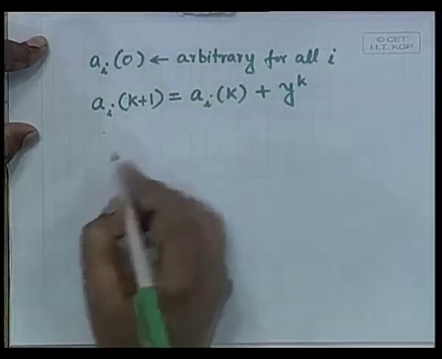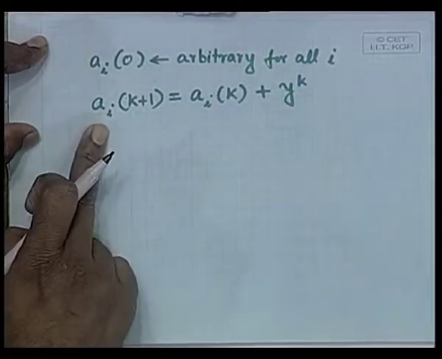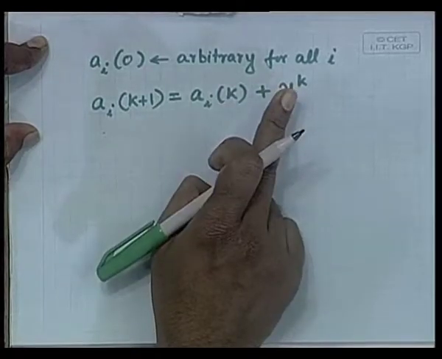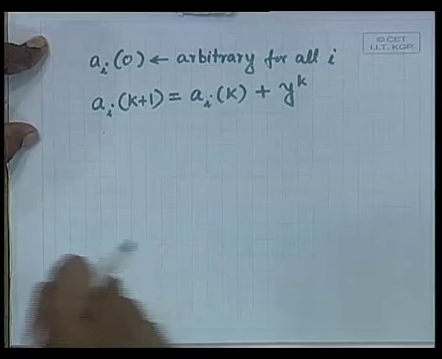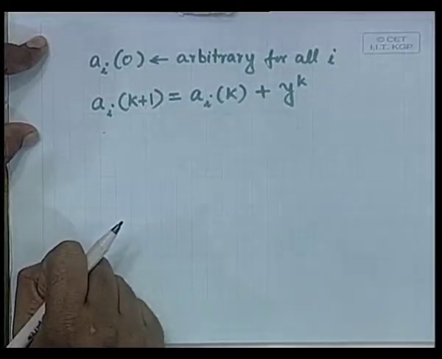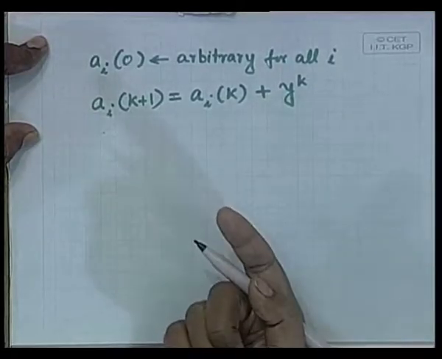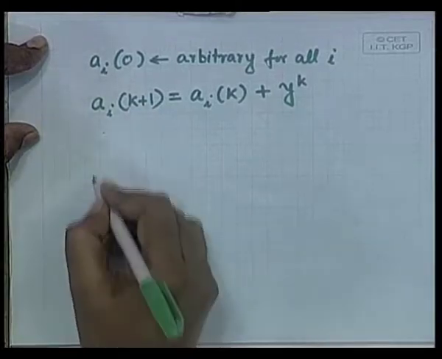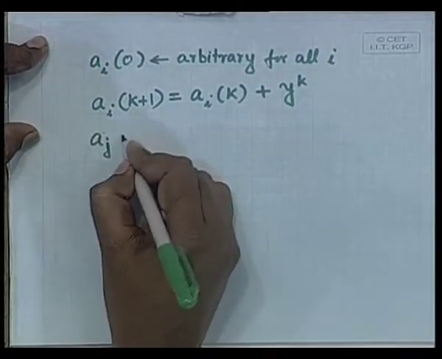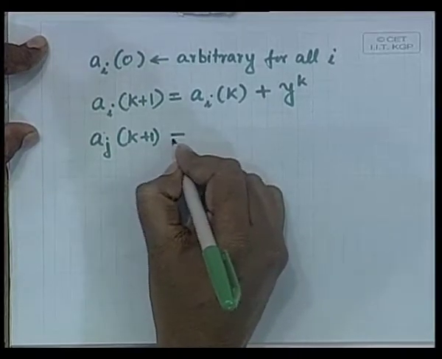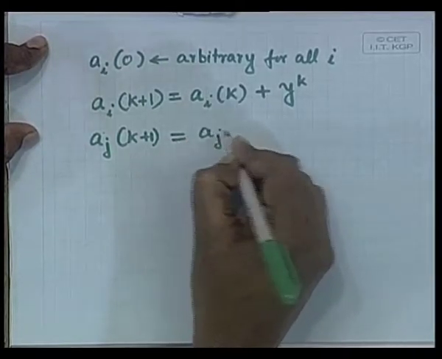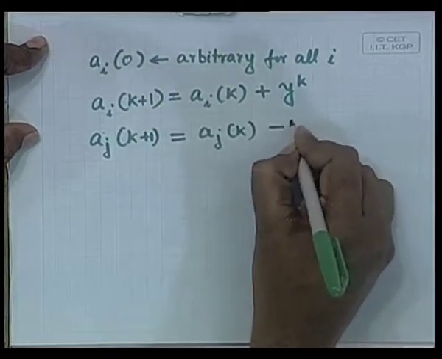This expression is the same. So, we are incrementing a_i in a particular direction, and a_j has to be incremented in the negative direction, because we want to penalize a_j, whereas we want to reward a_i. And for a_j(k+1), the weight updation rule will be simply a_j(k) minus y_k.